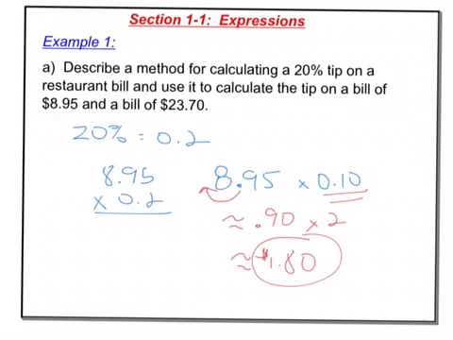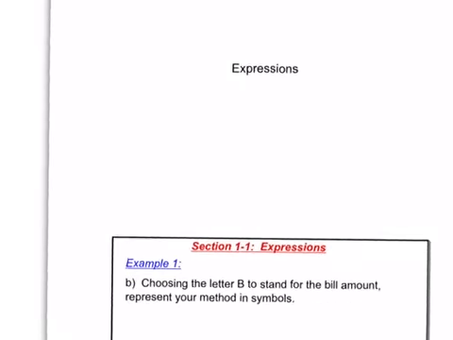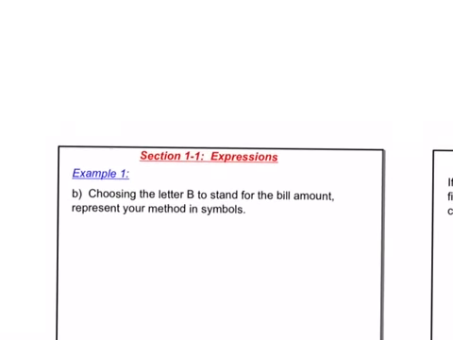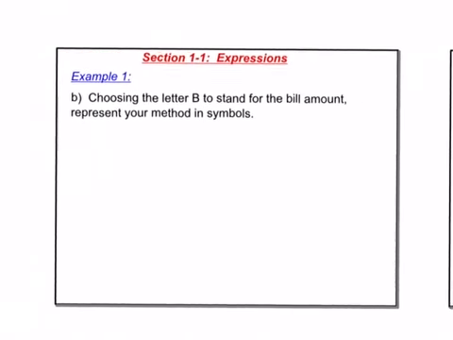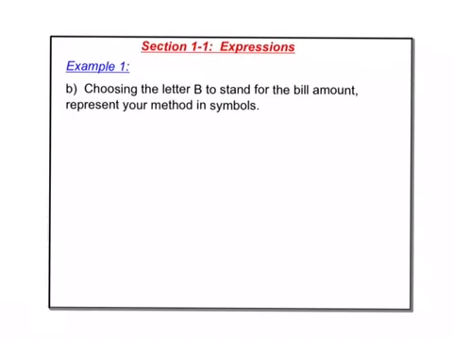So based on what we did on this slide here, if you go down to the bottom left, where it says section 1-1 expressions, example 1b, now it says choosing the letter B to stand for the bill amount, represent your method in symbols.